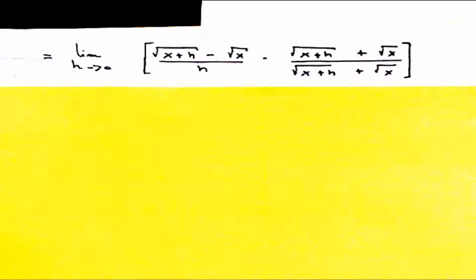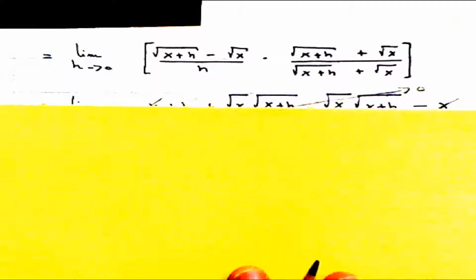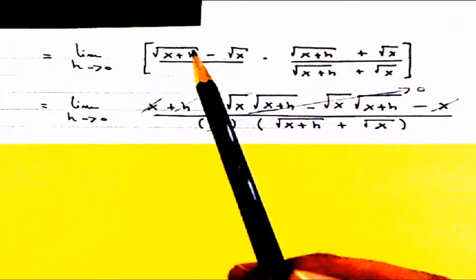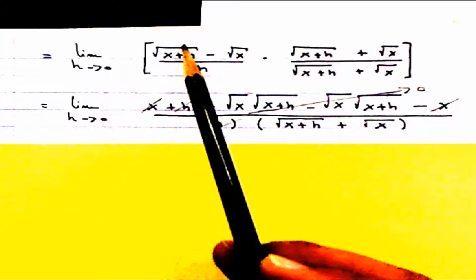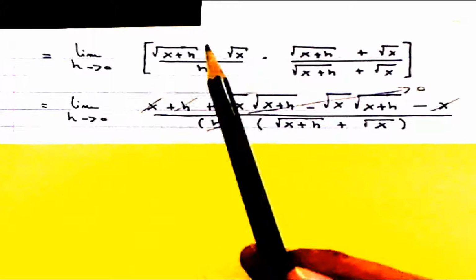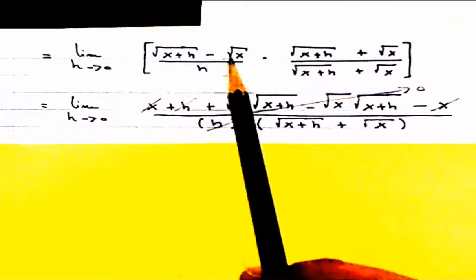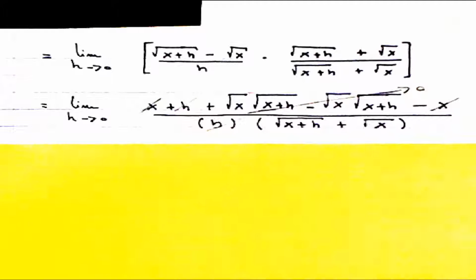We did this a million times already, so it should not be a surprise to you. Then at this time we are taking care of the algebra. So what I did there, I applied the FOIL method, this times that, and this times this, and which becomes the following on the top.